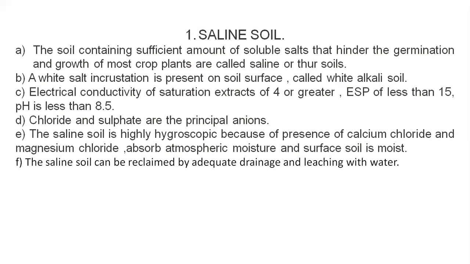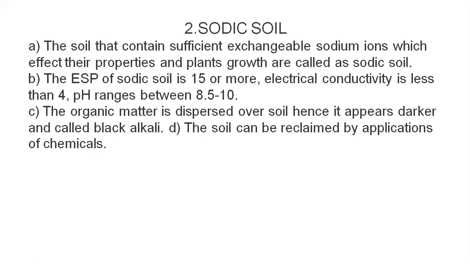Hygroscopic means the same thing. The saline soil can be reclaimed by adequate drainage and leaching with water. We have to provide water to the soil so that the salinity can be reduced, absorbed and moved down, and you have to provide adequate drainage to that land. In this way, we can reclaim the saline soil.